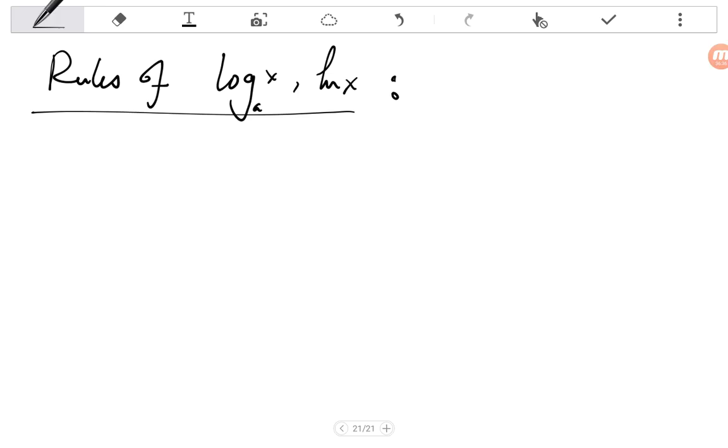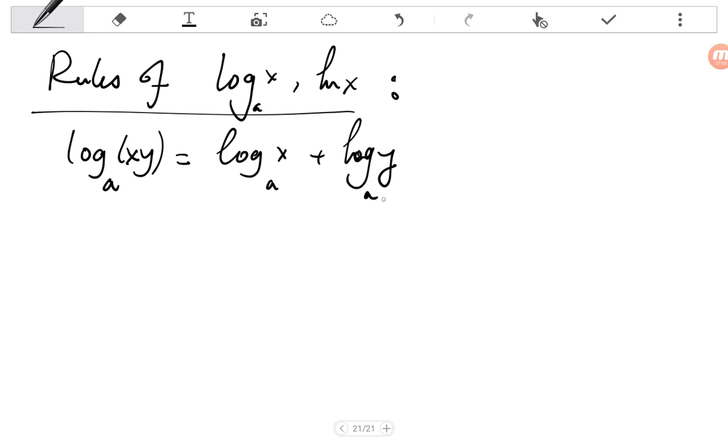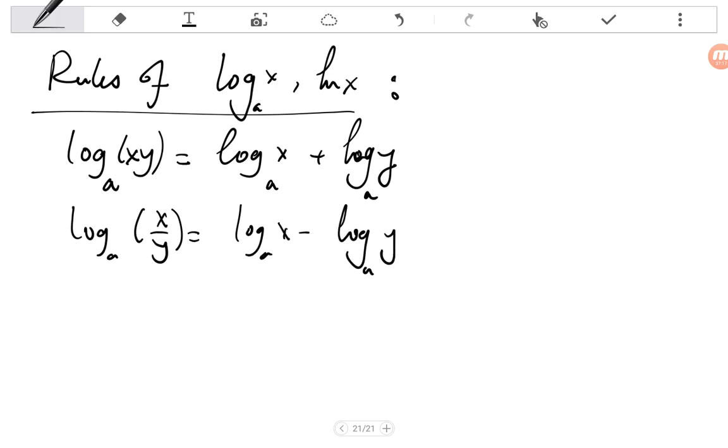We have rules for the logarithmic function. Log base e of x times y is equal to log x plus log y, and log base e of x over y is equal to log base e of x minus log base e of y.